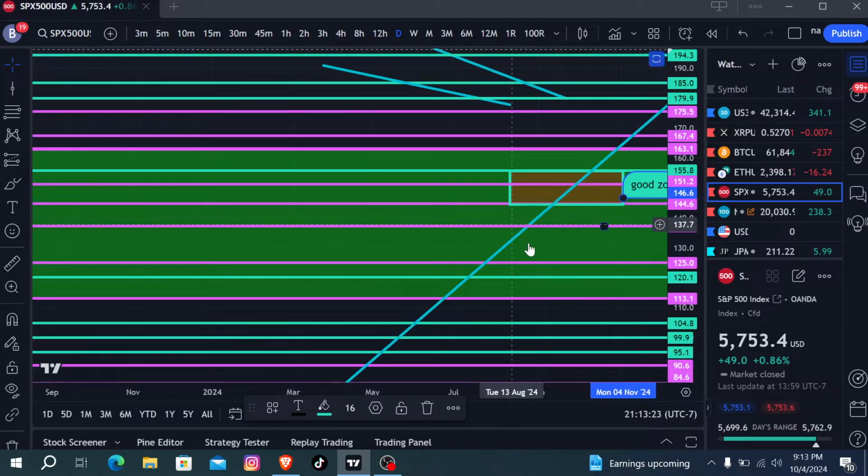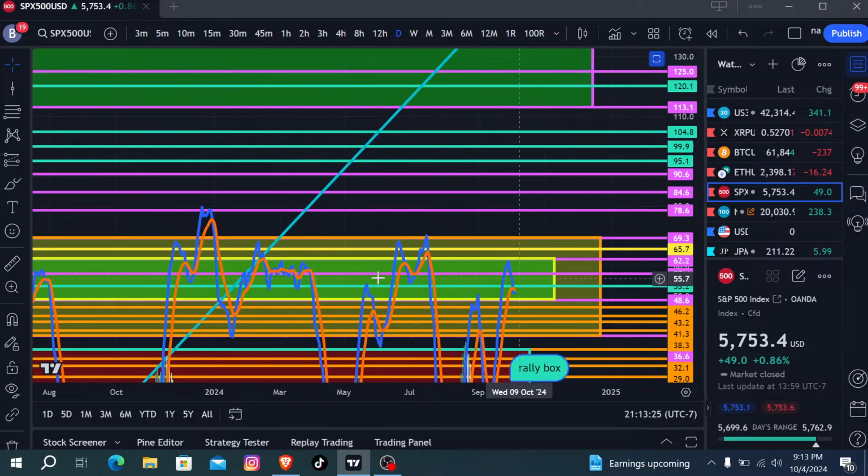Then daily wise, we're still bullish, but we had some sort of bad news, and now we're pretty much at a pinching point where we could have this happening, some sort of like this happening.